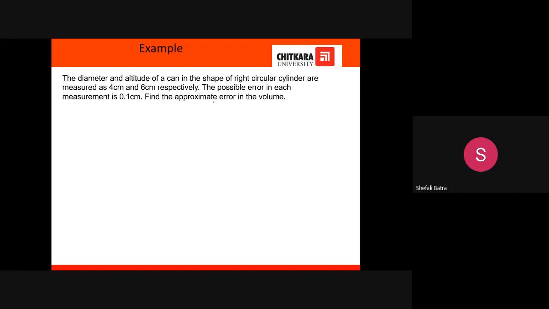Find the approximate error in the volume. Right? So you have to find out what? Volume of right circular cylinder. And what is the volume for cylinder? Pi r square h. Right?